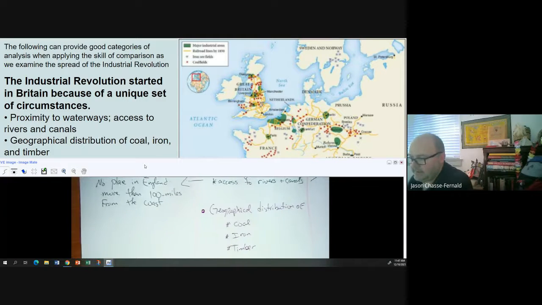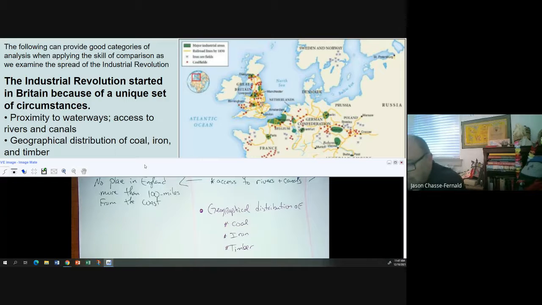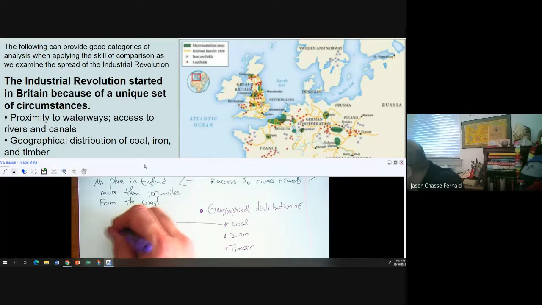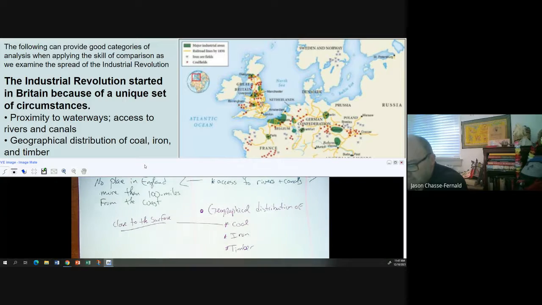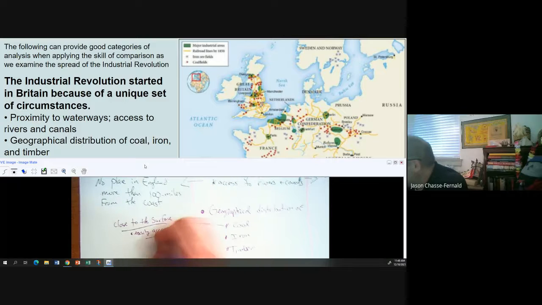So what do we know about coal in England? We know that it is close to the surface, so easily accessible, right? Easily accessible, and let me put a little note on there.